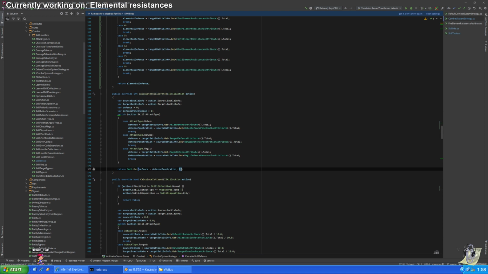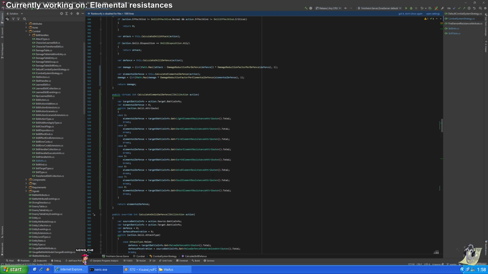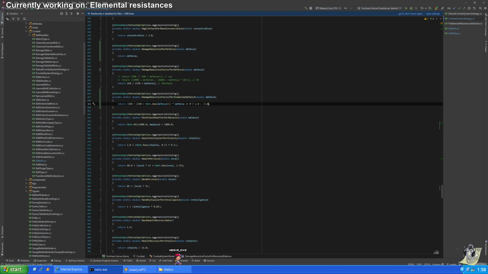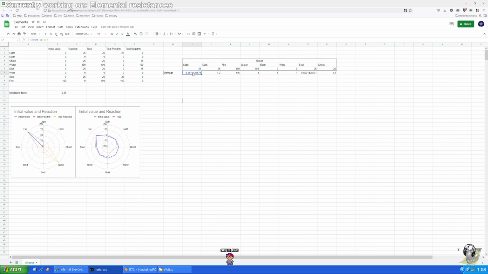Oh, okay, defense cannot be negative. So yeah, this was the main problem. So I need a formula like that here.